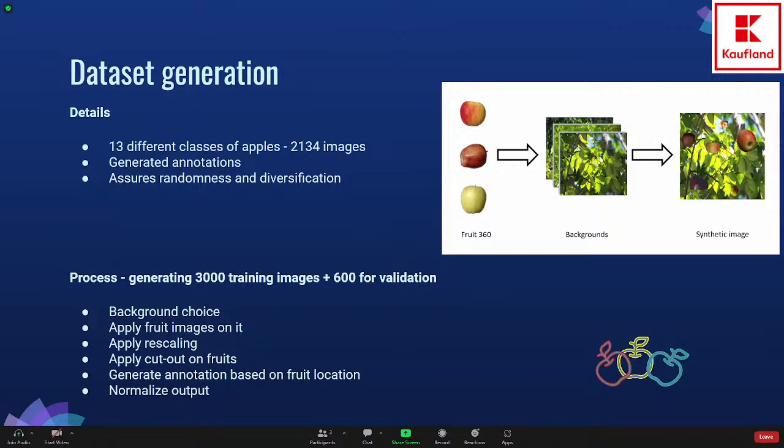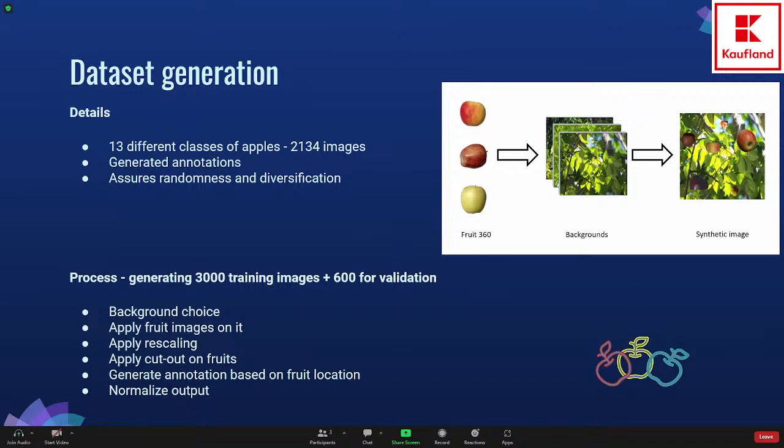The fruit images are taken from the Fruit 360 dataset and placed on different backgrounds, which can be our choice. We choose how we distribute the backgrounds in order to simulate a better version of a real orchard.